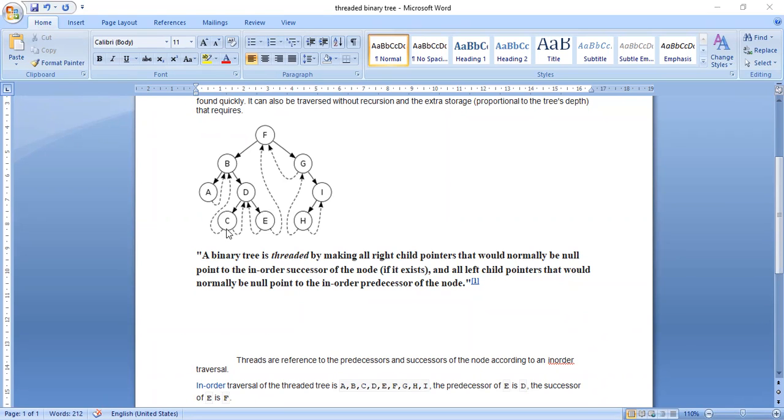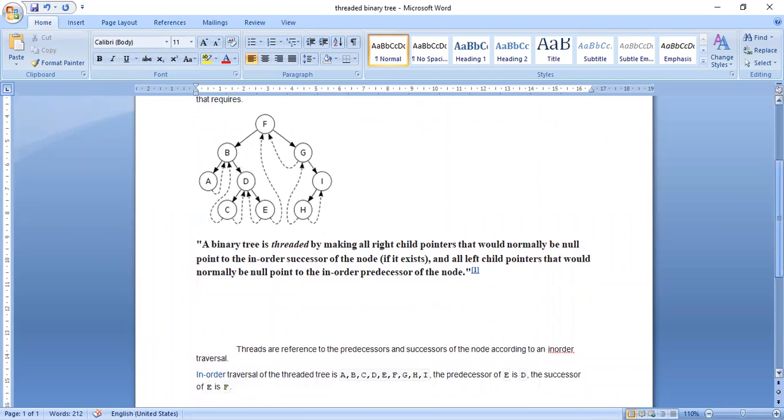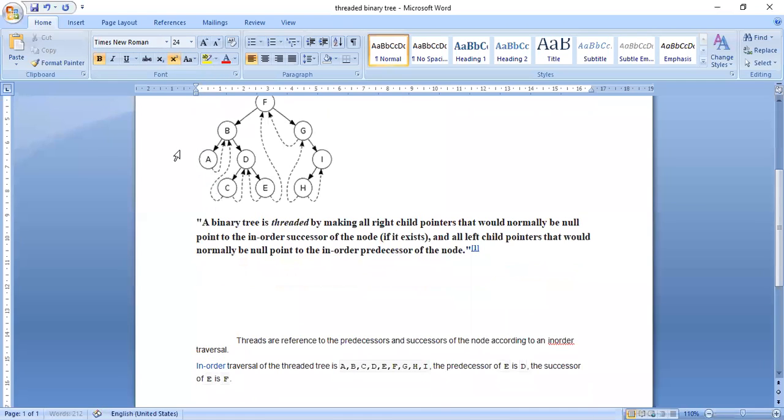In the same way, if you take the node C. So this is the in-order. The leaf nodes are A, C, E, H. So if you take C, who is the predecessor?